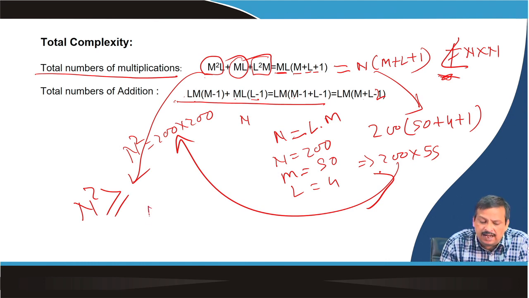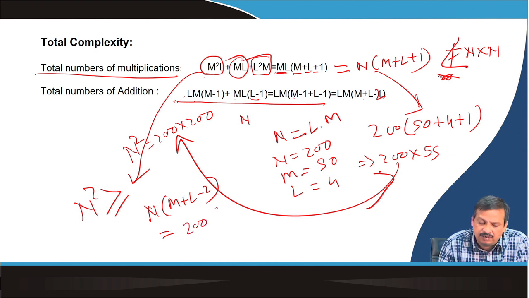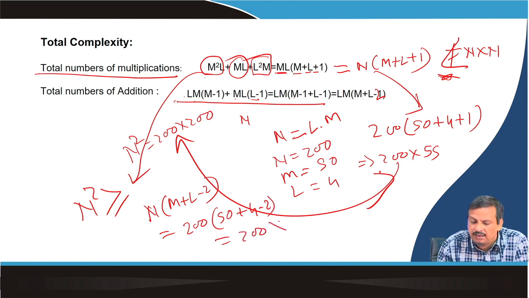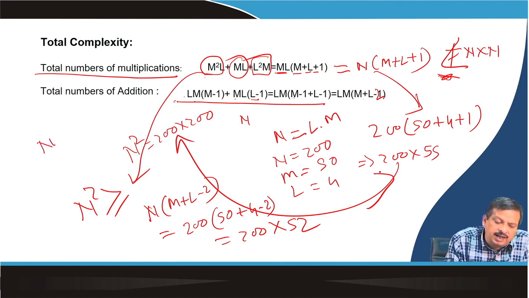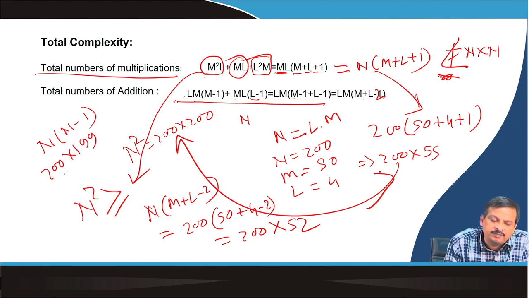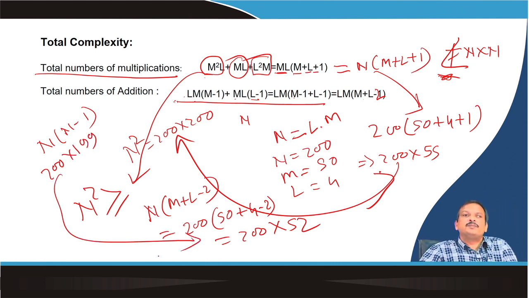In this example, it will be 200 into (50 plus 4 minus 2), which is 200 into 52, which is much less than N into (N minus 1), that is nothing but 200 into 199. So I am reducing.